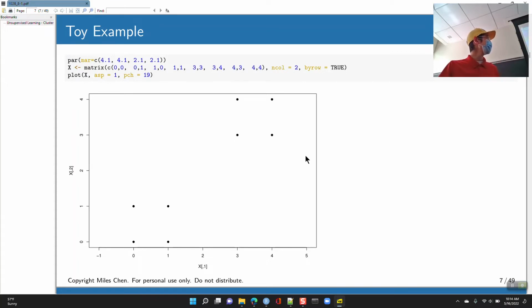Okay. Our first step, well, we're going to say how many clusters we're going to look for. I guess that's step 0. I'm going to say we're going to look for 2 clusters. Then we just go through all 8 points and randomly assign all of the 8 points to a cluster.